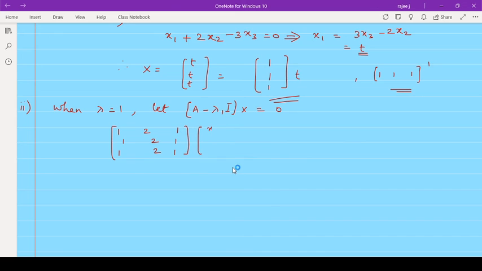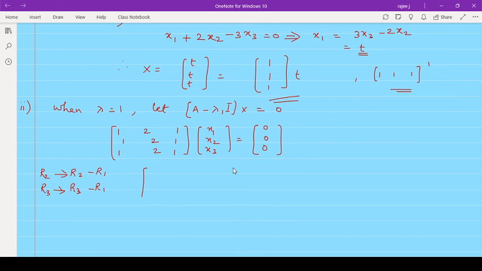Can someone say what the rank will be without solving? What the rank will be here? All the three rows are the same. R2 changes to R2 minus R1. Yeah, rank will be 1. And R3 also changes to R3 minus R1.